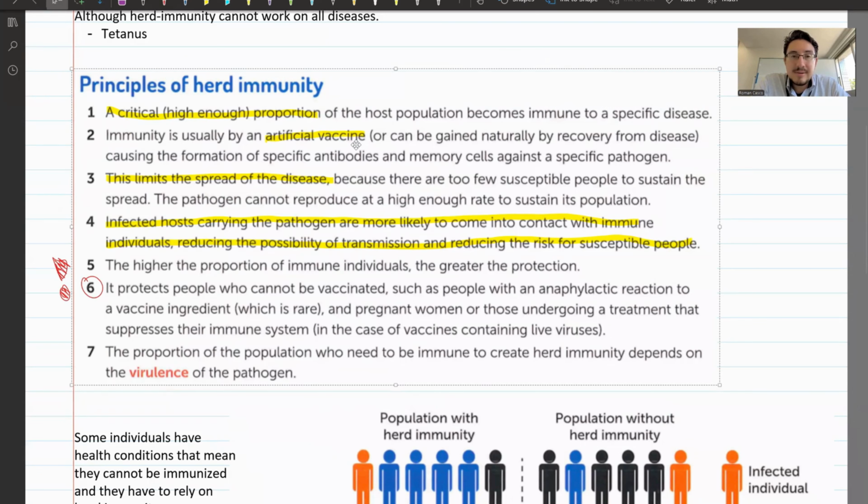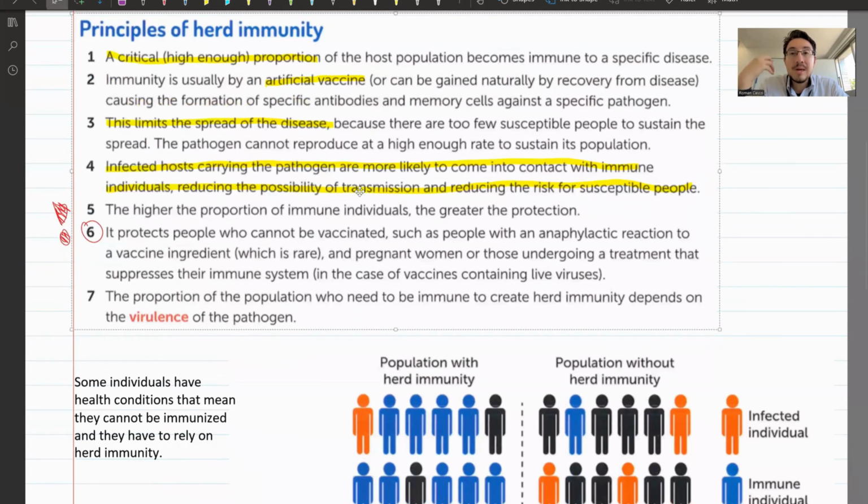That has kicked in, and remember during COVID, everyone was being asked to get your immune vaccination, right? This will jump start your immune system, and then more individuals would get protected, right? And naturally, after they've recovered from the disease, they're part of this population now, of course, because you have your immune cells that are acting against a certain disease there, right? This will limit the spread of the disease, okay?